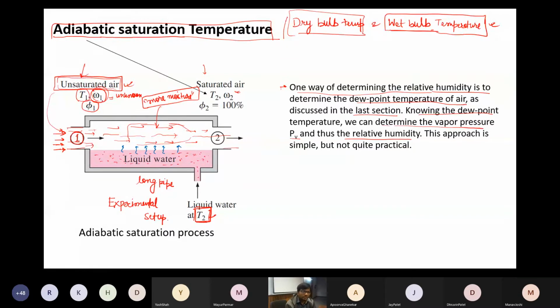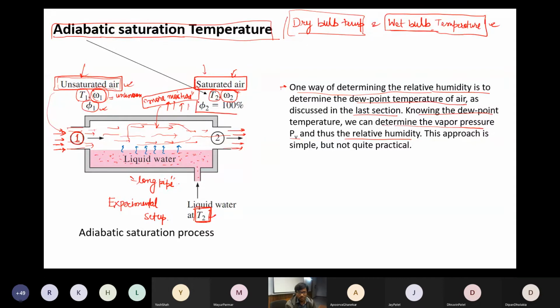It has some omega and some phi, but it is not fully saturated. During this course, the liquid water evaporates and the air takes up more moisture. If this pipe is long enough, at the exit the air becomes totally saturated. It takes up more and more moisture, and finally you have a state where the air is saturated, the temperature is T2, and the specific humidity is omega 2.